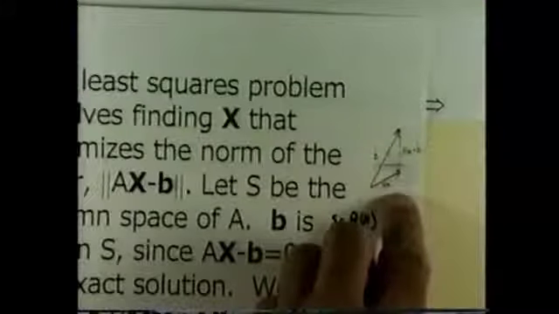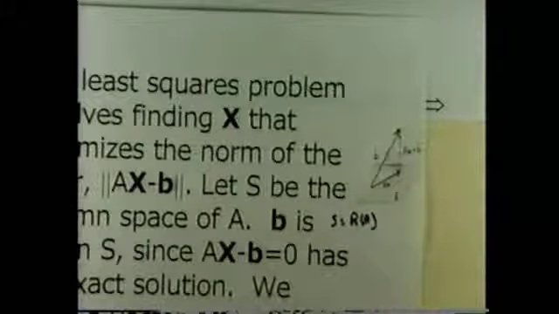So Ax minus b is the orthogonal projection of B onto S minus B. So this is a right angle.